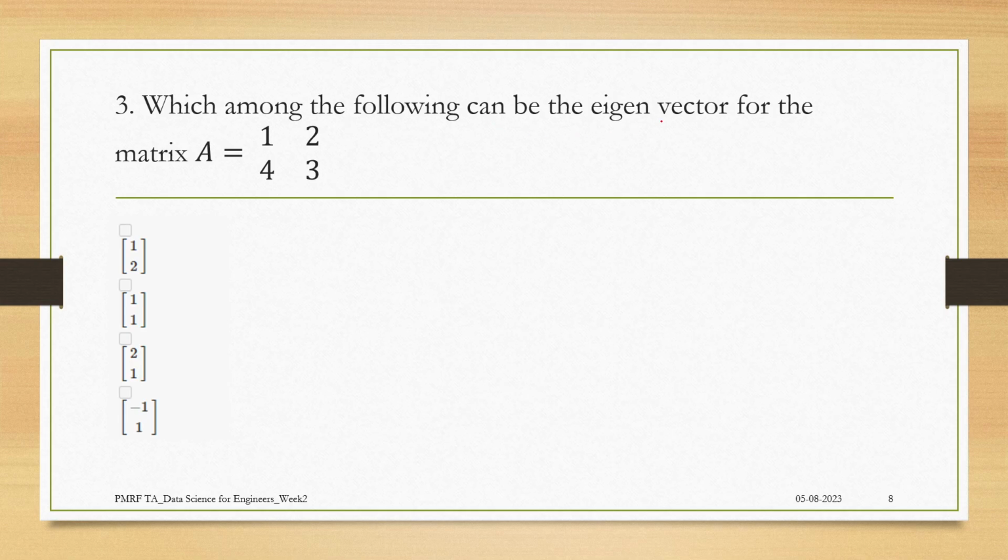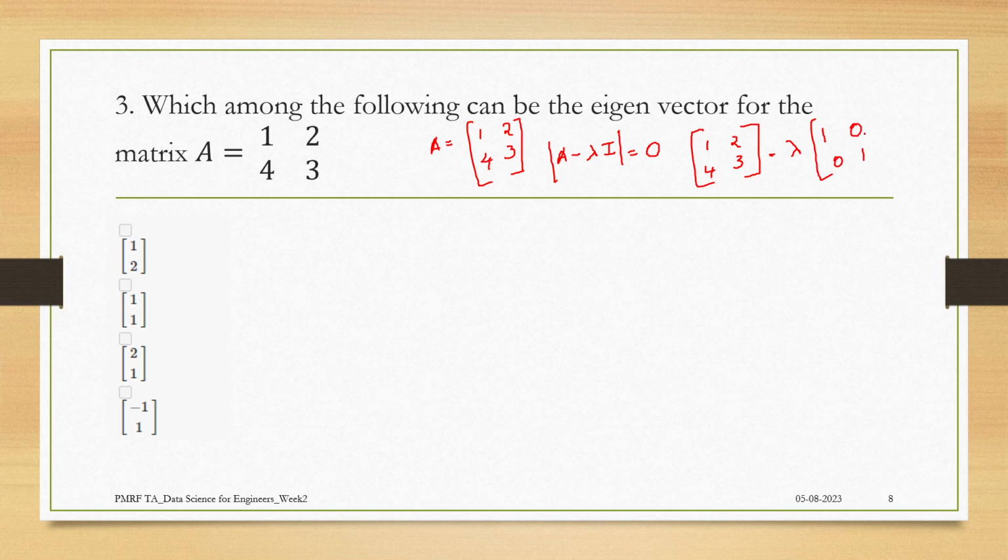Which among the following can be the eigenvector for the matrix A equal to 1, 2, 4, 3? How do you find the eigenvector? First, for the matrix A equal to 1, 2, 4, 3, you have to find the determinant of A minus lambda I and equate it to 0 to find the eigenvalues. A minus lambda I means 1, 2, 4, 3 minus lambda into 1, 0, 0, 1.